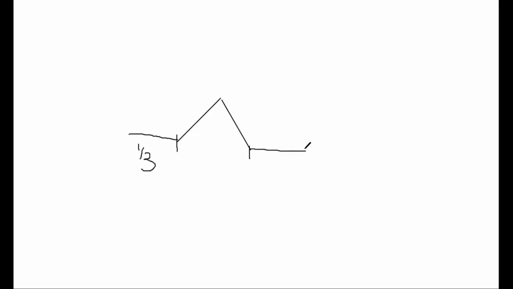The second line gets divided into two equal lines such that it forms an equilateral triangle without a base. The base is not here, but this length is equal to this length is equal to this length. So all three lines of the equilateral triangle are the same.